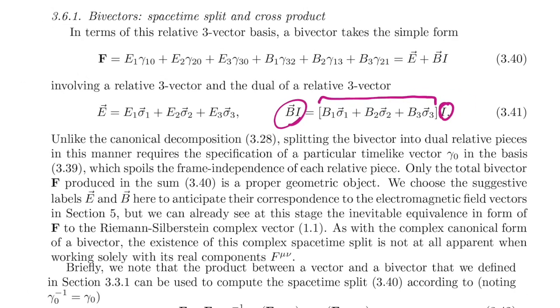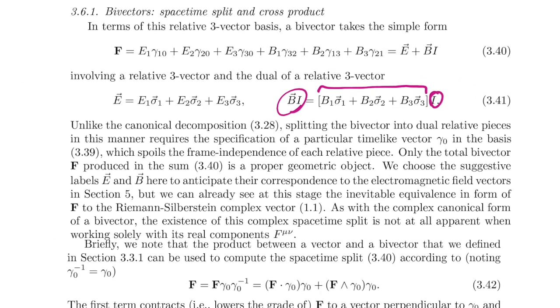So the way this works is, well, we've got to make contact with basic physics. And in basic physics, the magnetic field is a vector just like the electric field. There's no distinction between the magnetic field and the electric field in elementary physics, except for the fact that the magnetic field is understood to be an axial vector, and the electric field is understood to be a polar vector.